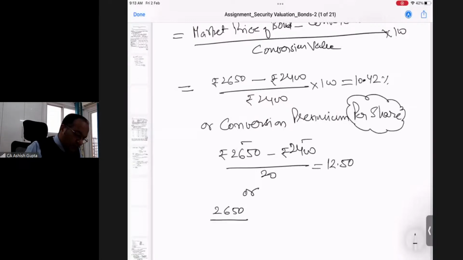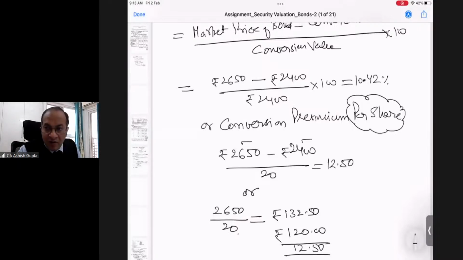By paying 2650, I am getting 20 shares. The price per share comes out accordingly. As on date, the market price is 120. So the value comes to rupees, the premium I have paid for 1.